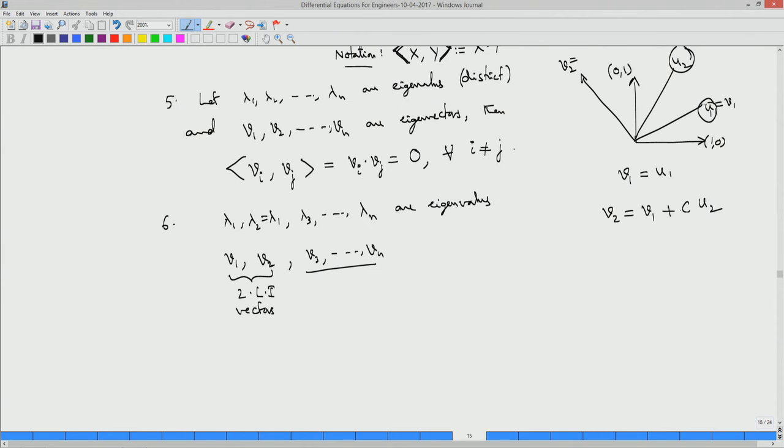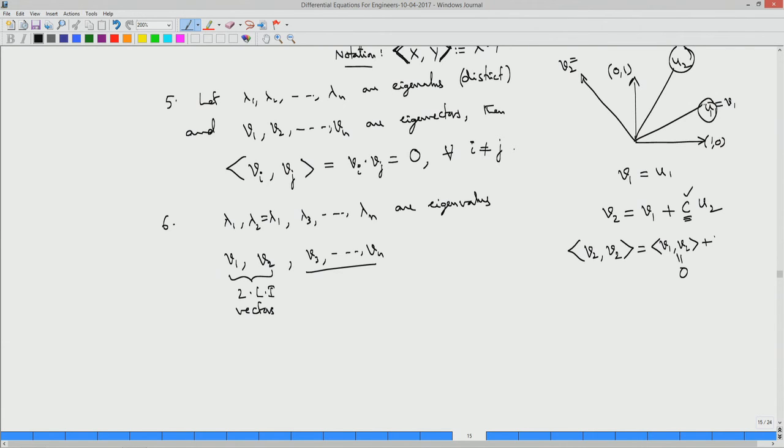Simply take the linear combination with some arbitrary constant C. I want to choose C in such a way that V2 is orthogonal to V1, that means the inner product of V1 and V2 is 0.